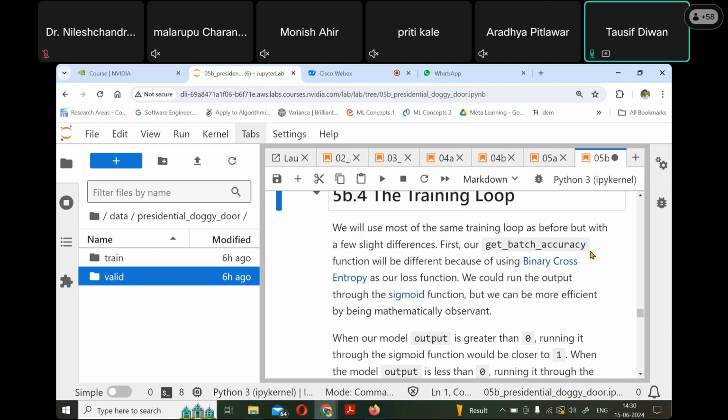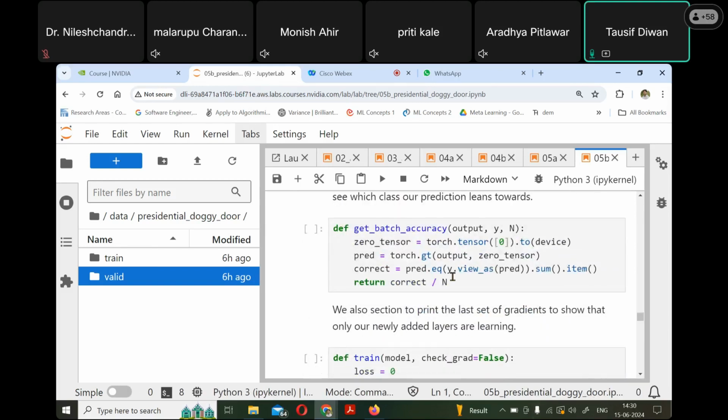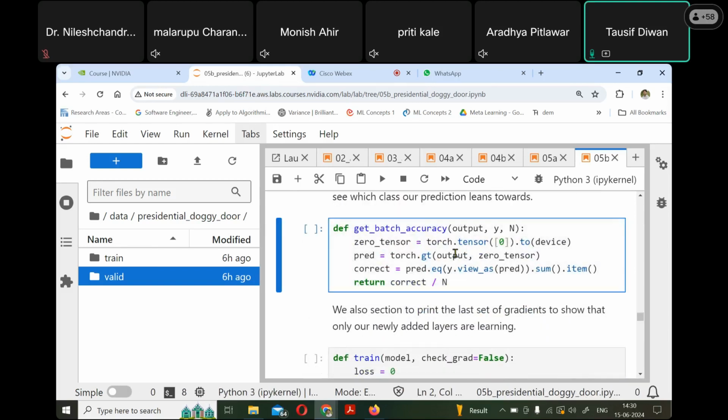The formula is 1 upon 1 plus exponent of minus x, where sigmoid of x is equal to this. If it is greater than 0, then we can consider it close to 1, and if it is less than 0, then we can consider it as the other class. So once again, we are redefining this function get batch accuracy.